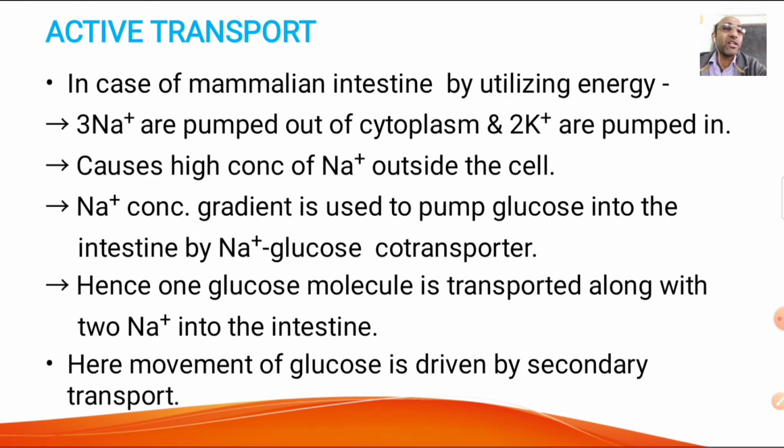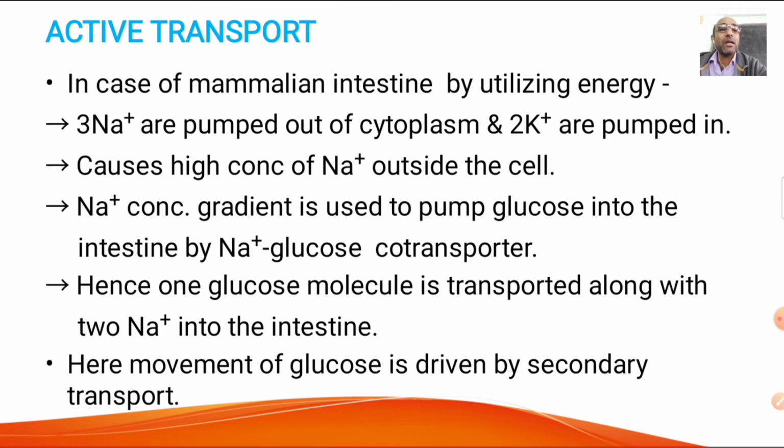What it does? It pumps out 3 Na plus out of the cytoplasm, and in return it pumps in 2 K plus. 2 K plus means 2 potassium ions.